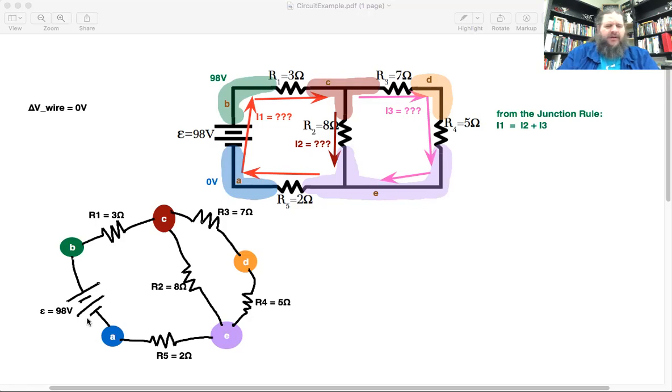The battery is usually not all that useful to look at there, because the battery we know creates a voltage difference. If we actually label those, we've got voltage A, we're calling 0 volts. And voltage B we're calling 98 volts because it's 98 volts higher than voltage A.